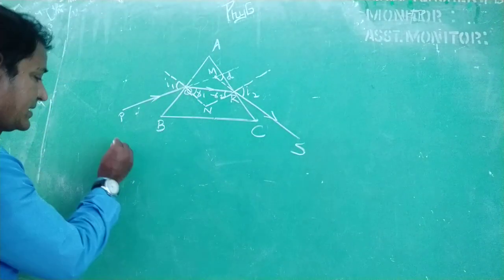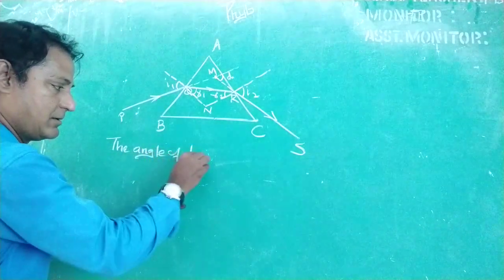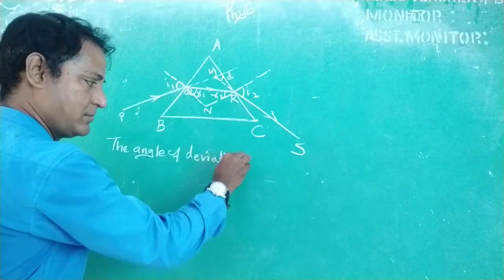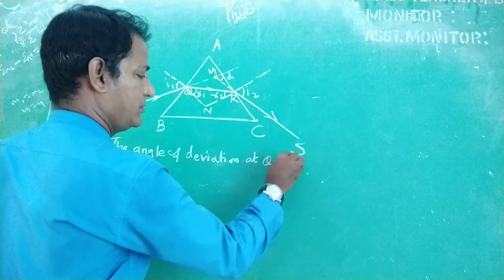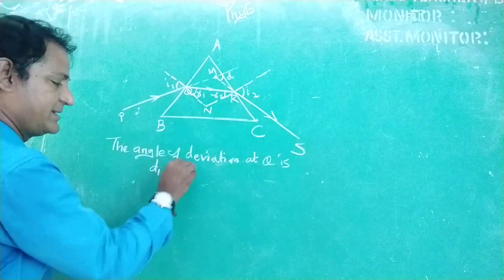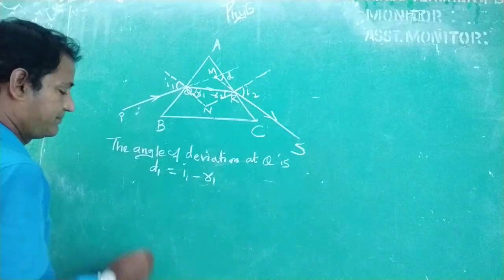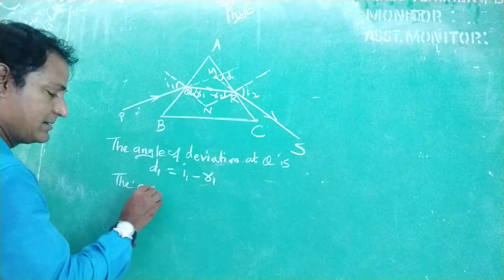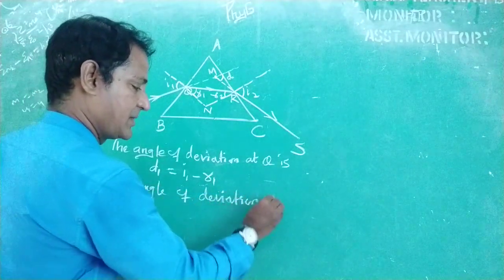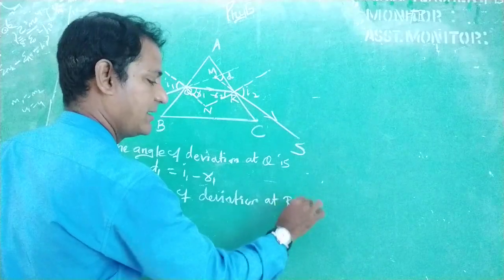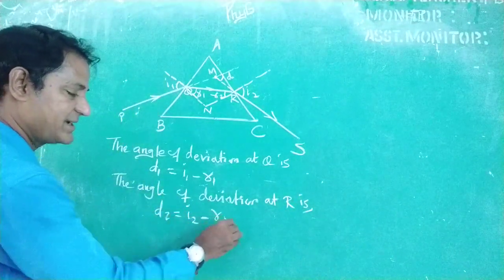Now the angle of deviation at the point Q is D1 is equal to I1 minus R1. The angle of deviation at the point R is D2 is equal to I2 minus R2.